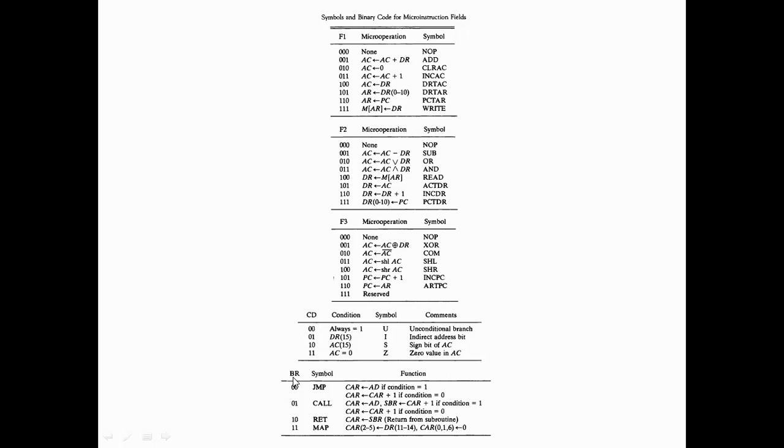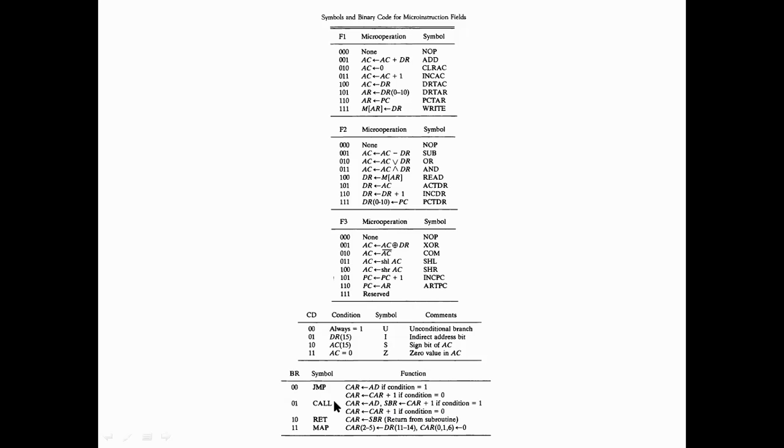Then another field is BR, which means the branch. Again, it is 2 bits, so there will be 4 combinations. If BR is 00, it means jump to a certain address. So the corresponding micro operations will be like this for jump. Right?